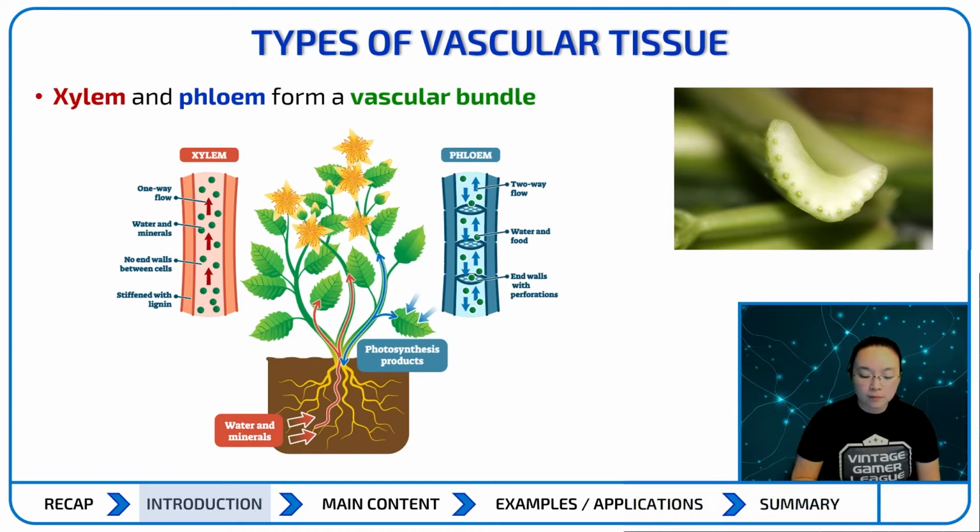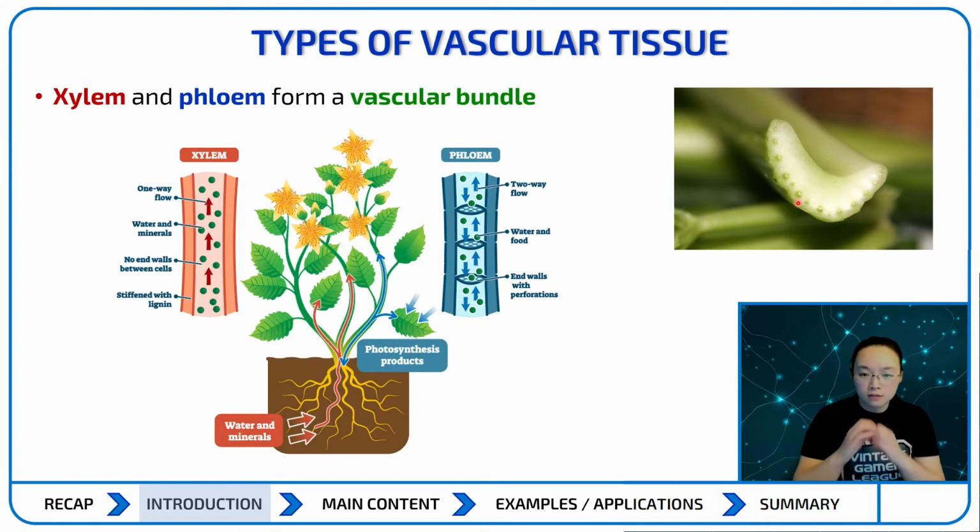So then one good question is, what do these vascular bundles even look like? And I think one of the best examples is a celery stalk. So if you've had celery before, which I'm pretty sure all of you had, cut it in half, and you'll be able to see these little dots in your celery.